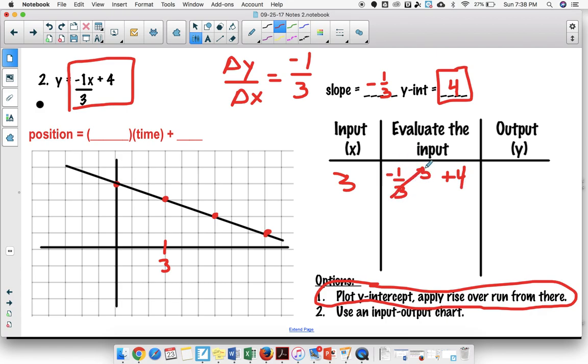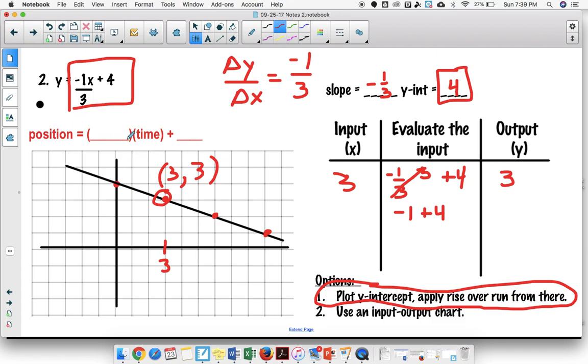Well, I notice the 3's cancel. So I get -1 plus 4, which means my output or my y value should be 3. Well, if you look, this point, when the input is 3, the output or the y value is also 3. So that tells me that the shortcut graphing method we used worked pretty well.